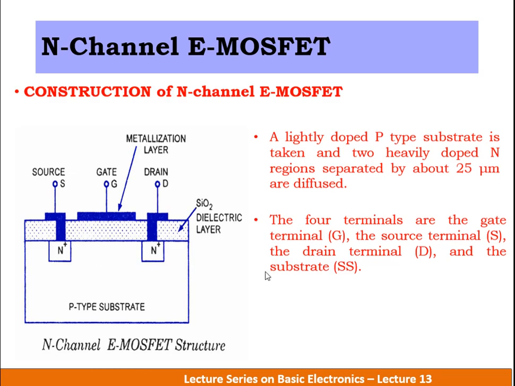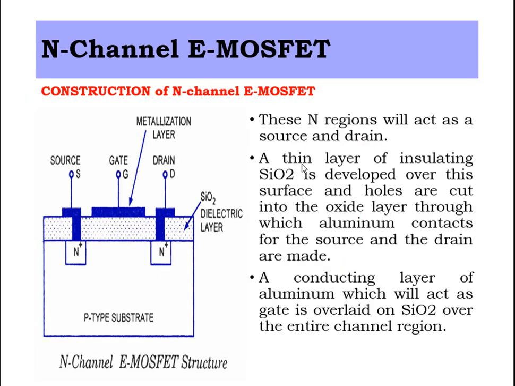Again, there are four terminals: source, gate, drain as well as substrate. In an N-channel eMOSFET, initially there is no channel construction, that is, there is an absence of an N-channel. The channel can be created depending upon the gate source voltage applied.